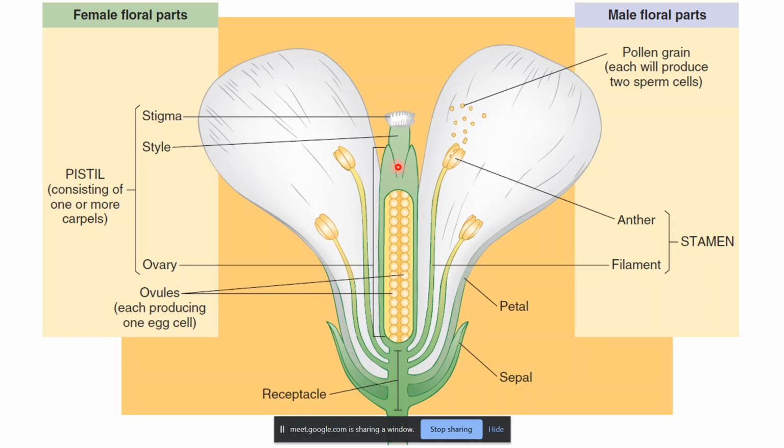Then when they move to another flower, those pollen grains that stick to the hair will be transferred to the stigma of the carpels, and then the fertilization will occur.